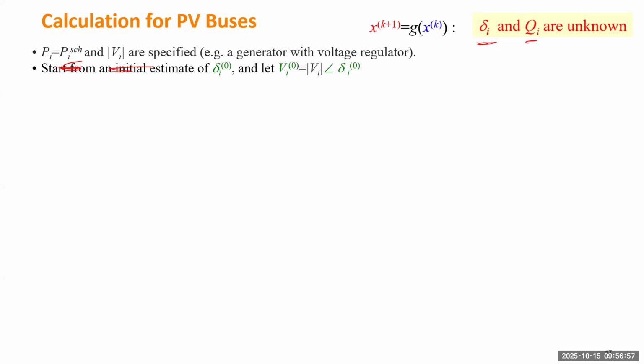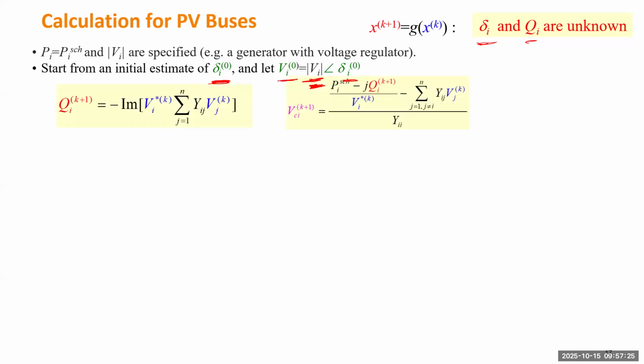So we need to start from some initial estimate. You need to give some initial angle. From previous slides, you can make this initial angle slightly positive. And the voltage magnitude is already given, right? So we use the initial angle together with the magnitude to determine the initial voltage phasor.